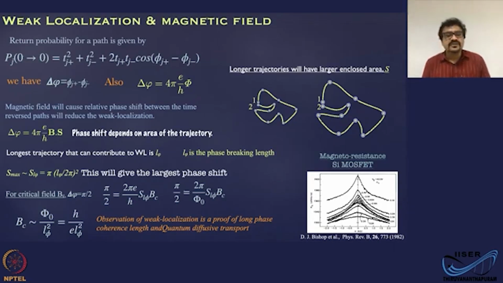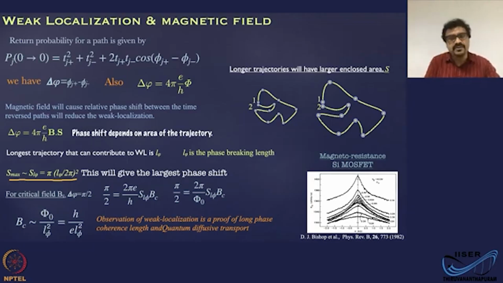So the maximum area the loop can enclose, if you assume a rough circular path, S L phi is pi r squared. R is L phi divided by 2 pi, where L phi is the circumference, so dividing by 2 pi gives you the radius. This is of the form pi r squared, and this will give the largest phase shift for any given field. That path is going to give you the largest phase shift.